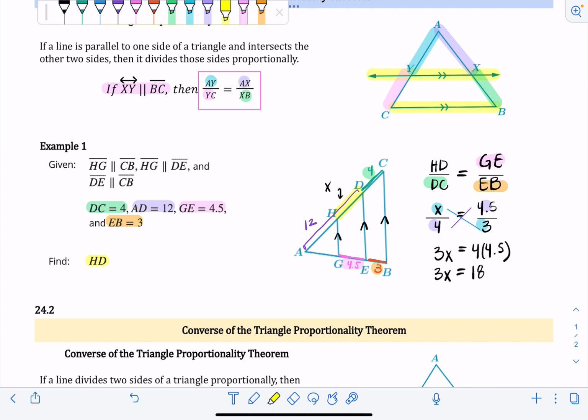And then from there, our goal is to solve for x because we put an x for HD instead. So I just want to get x by itself. I have a 3 that's being multiplied by the x, so I'd have to divide both sides by 3 to cancel out the multiplication. And then I have x equals, because the 3 divided by 3 canceled out, and then the 18 divided by 3 is 6. So I have x equals 6, and x is what we use for HD, so we can say HD is equal to 6.